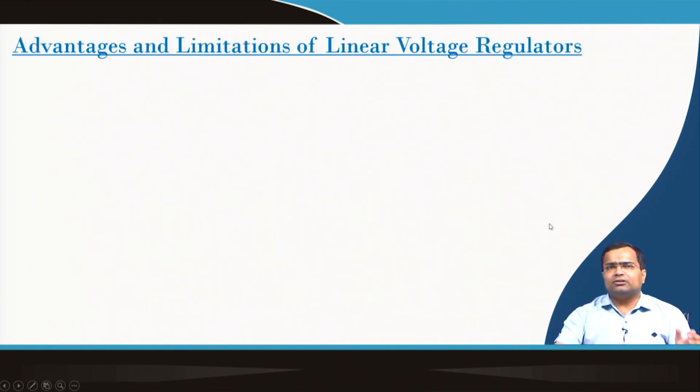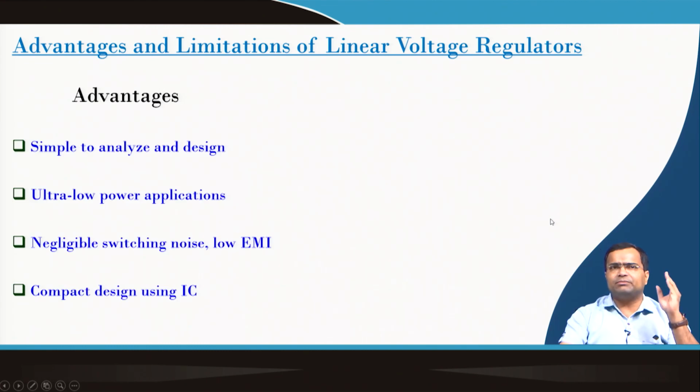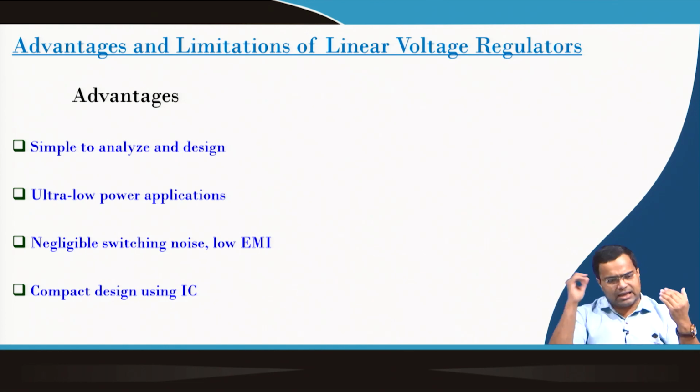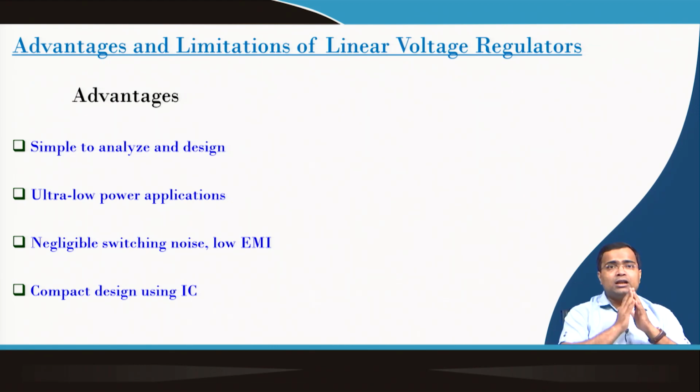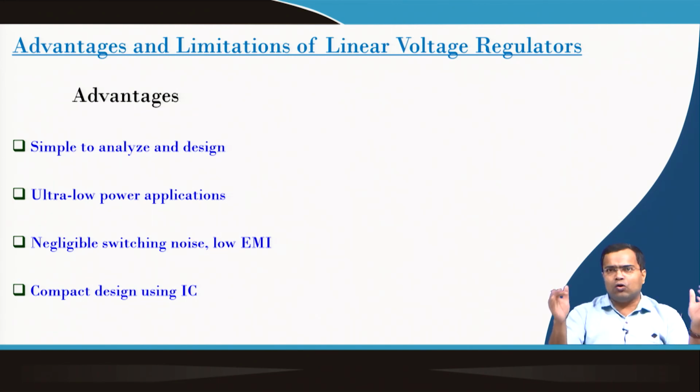So, what are the advantages of this linear voltage regulator? The advantage is that it is very simple, like a resistive divider, relatively simple to analyze and design. At transistor level it can be somewhat more challenging, but in general from the system level these are simple, and these are used for ultra low power applications in which the current requirement at the output is very low, such that the current going through the series resistance will also be low, so that the I square R loss will be low.